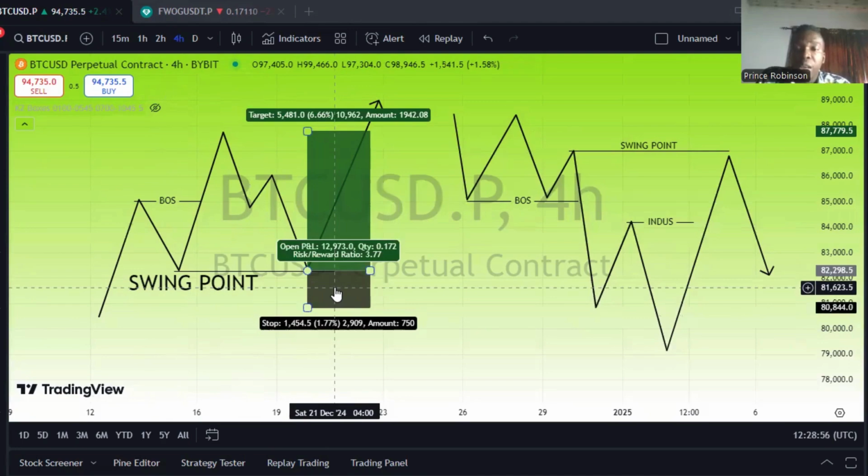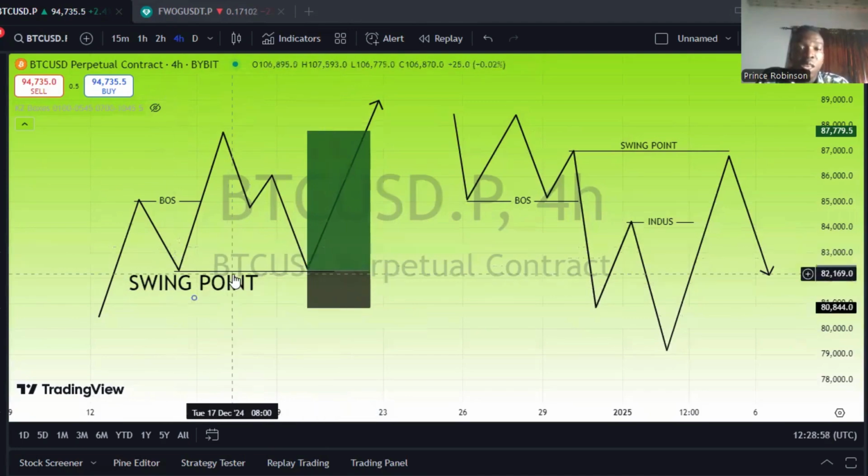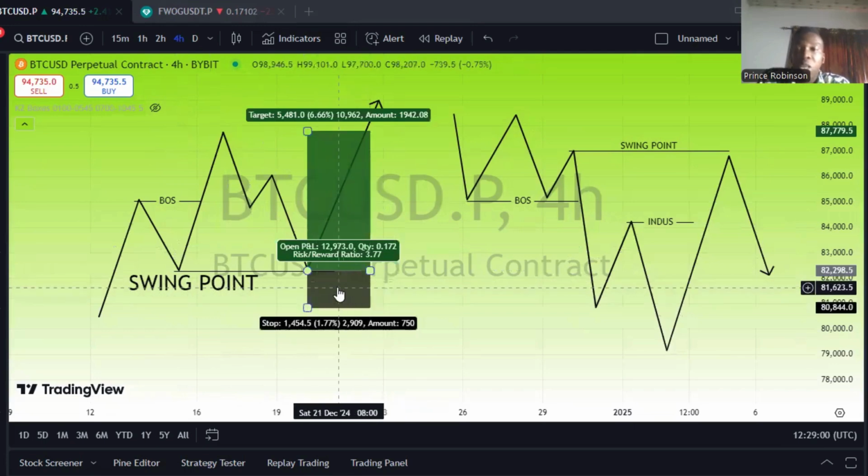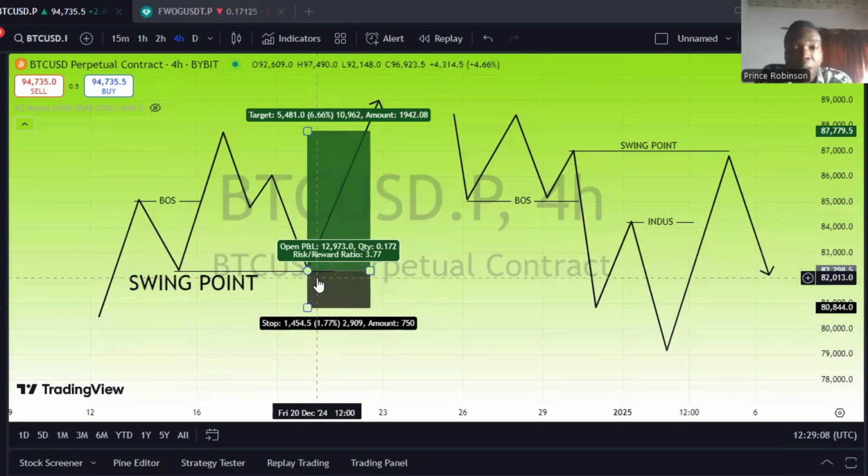The wick of the candlestick that sweeps the liquidity might end somewhere within my stop loss, thereby giving me a sniper entry, forming a pin bar, a bullish engulfing, a hammer, that kind of thing. That's for sweep of liquidity. But if price respects this place, it might actually form a bullish engulfing candlestick pattern.